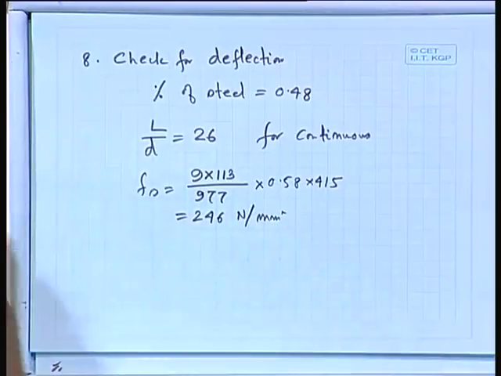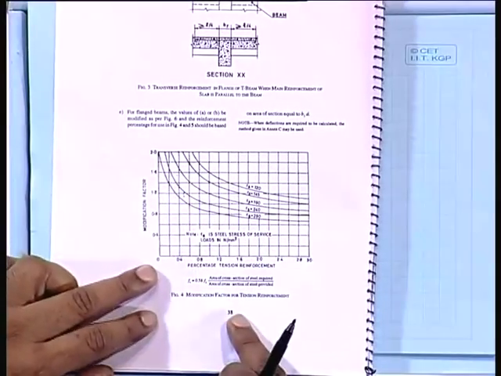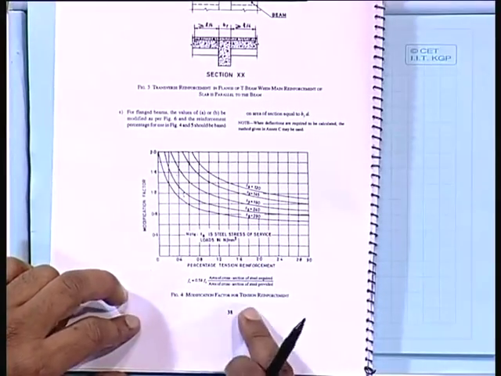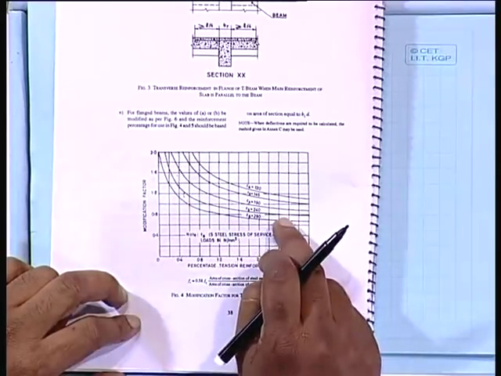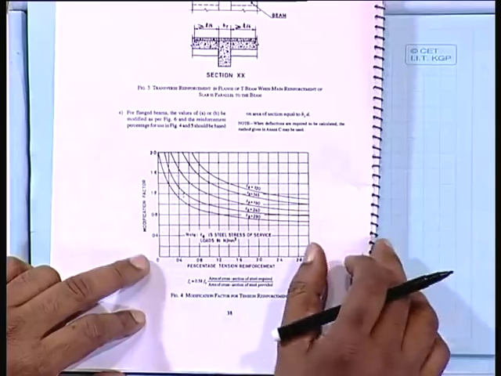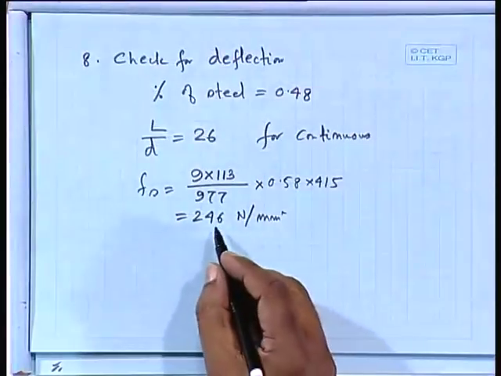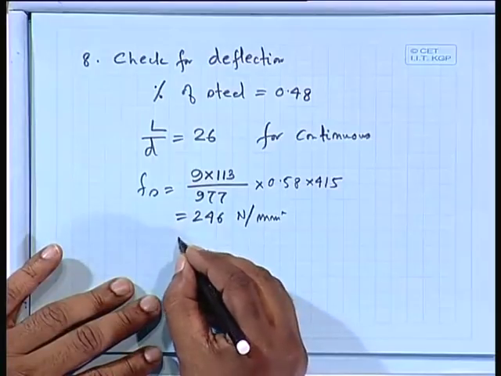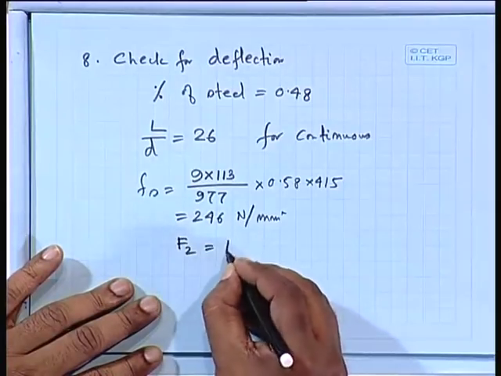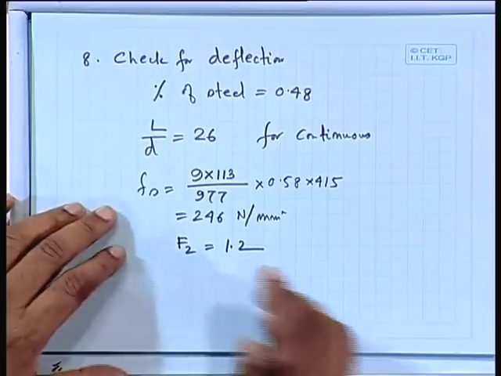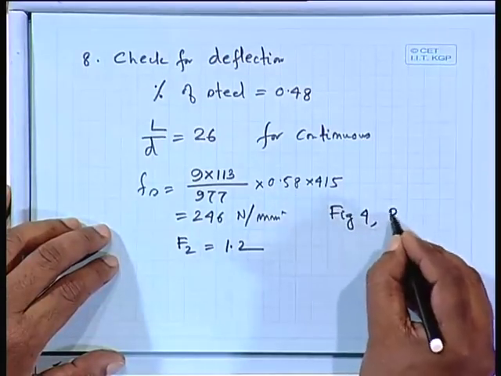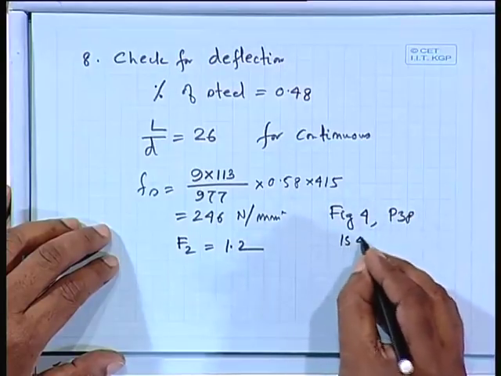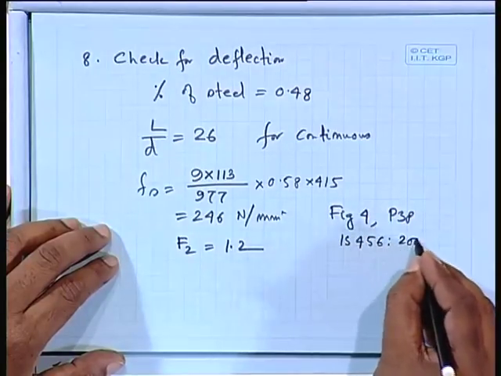So, I shall get it from figure 4. If I show you, this is figure 4 on page number 38. In figure 4 there are so many curves. So, I shall take the corresponding one, interpolate it, and for 246, that factor comes as 1.2. Just for your reference, figure 4, page 38 of IS 456 2000.